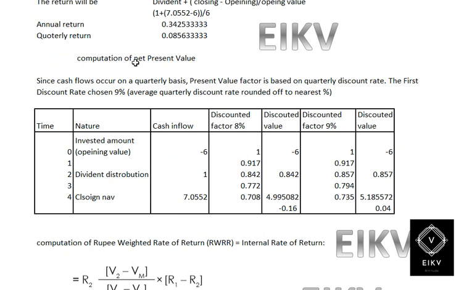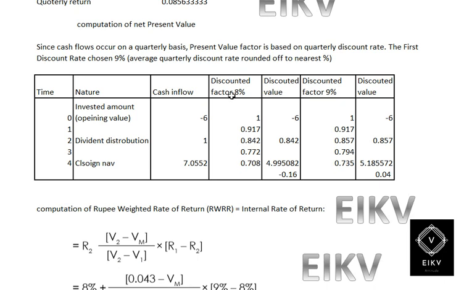After computing the quarterly return, we are going to split those things. Computation of net present value. Since the cash flow occurs on a quarterly basis, the present value factor is based on the quarterly discount rate. The first discount rate chosen would be 8%, the average quarterly discount rate rounded off to the nearest percentage.